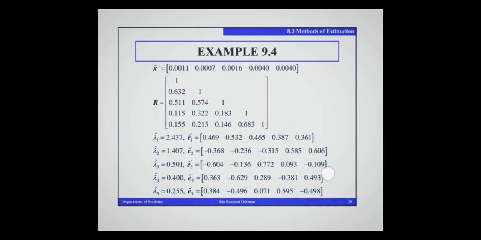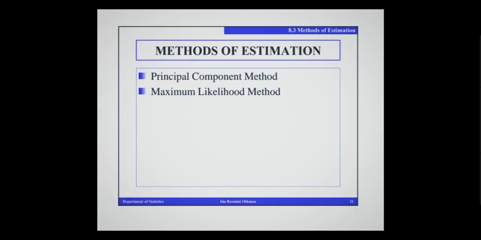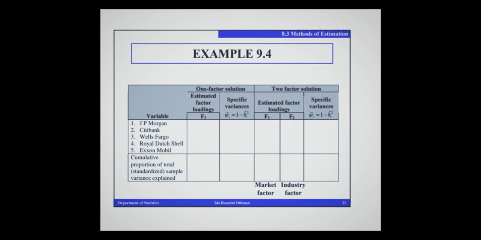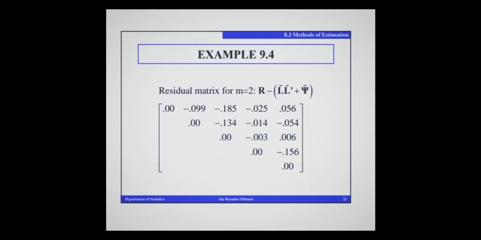Cuma sekarang ni kita nak tahu whether these two factors yang kita ada tadi tu a good fit to the data or not. So kita kena estimate all the factor loading dan estimate all the variance. Kat sini specific variance. Last kali untuk kita nak cari residual matrix.